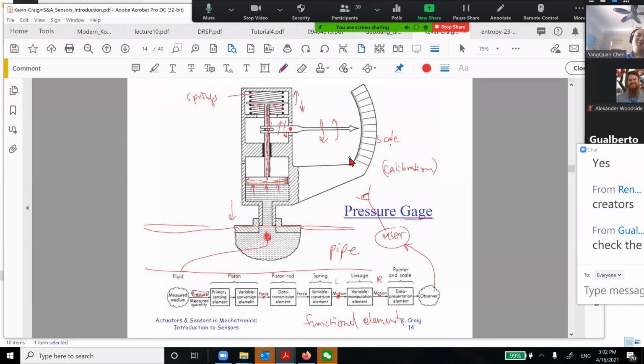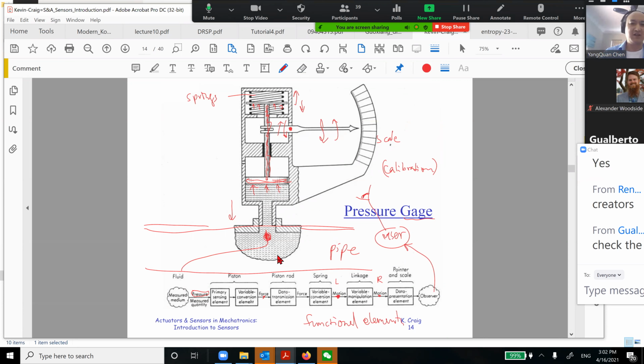So this whole process is a nice illustration of the pressure gauge. Functionally, we can decompose it into this chain of transformation. So when you see this scale indication of the pressure, it has already gone through a series of those conversions. Make sense?